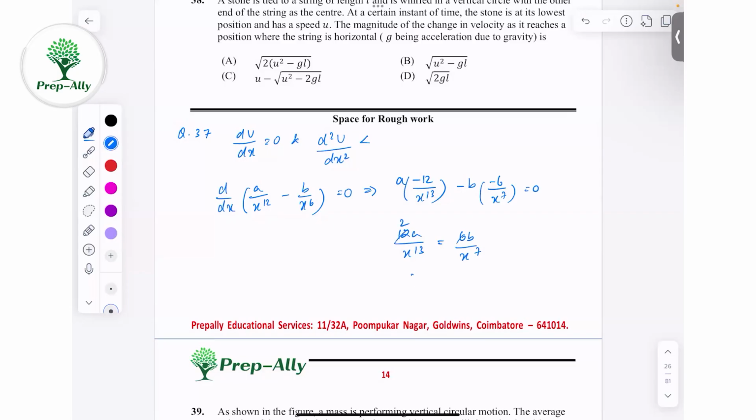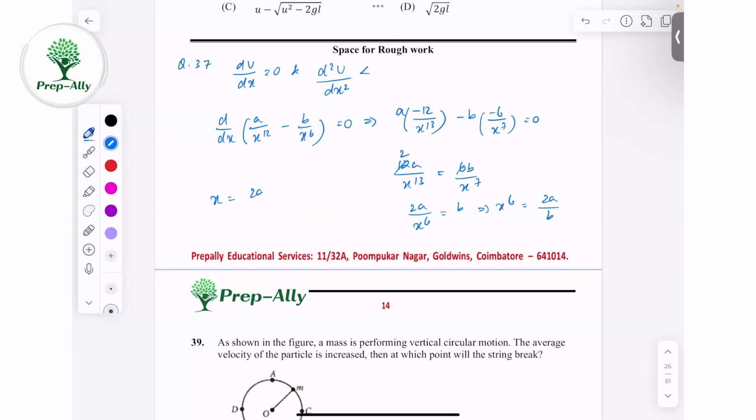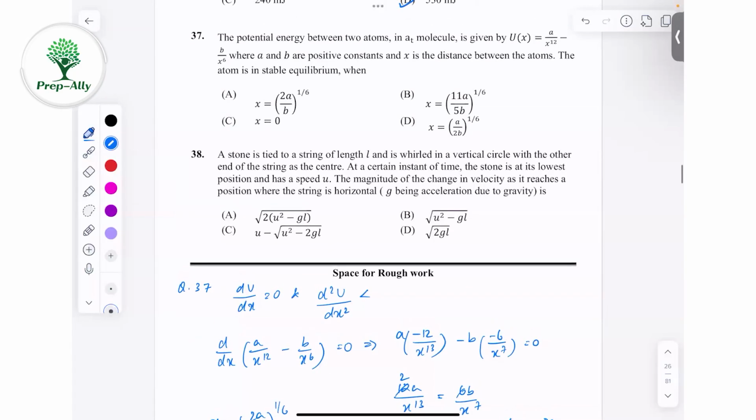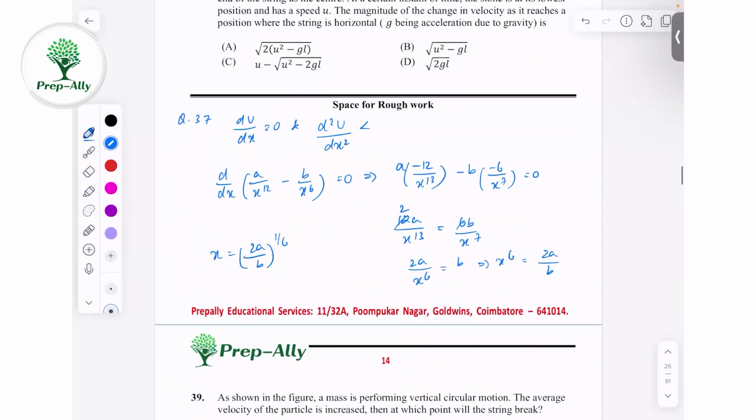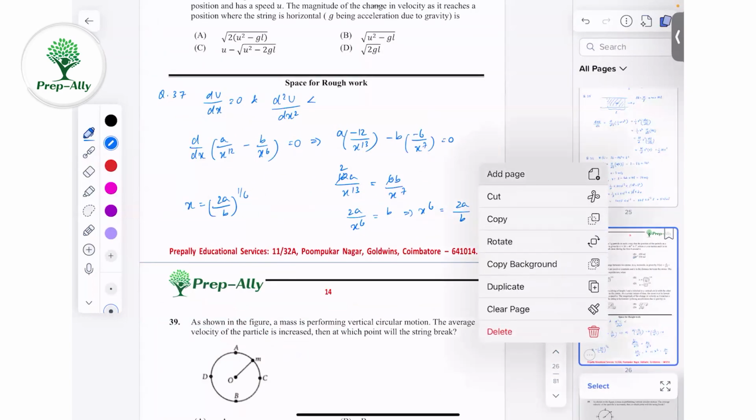So we get here 2a by x power 6 is equal to b, implies x power 6 is 2a by b. That gives us x is 2a by b whole power 1 by 6. We just have to differentiate the potential energy function to locate the point of minima. And if you differentiate this once again and substitute this value there, you will get a negative value, showing that that is the point of minima. That is, it is a stable equilibrium.